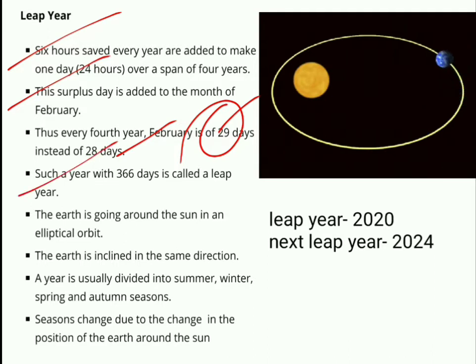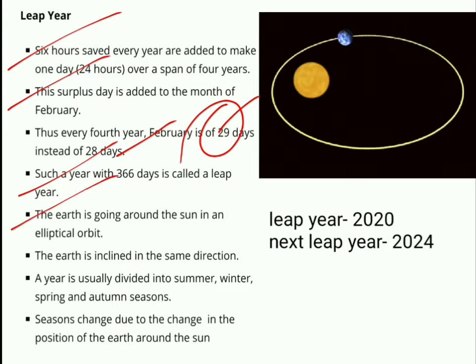Such a year with 366 days is called a leap year. When a year gets one extra day, that year is considered a leap year. So what is the leap day? The 29th date in February is the leap day. What is the leap year? A year with 366 days is called the leap year.